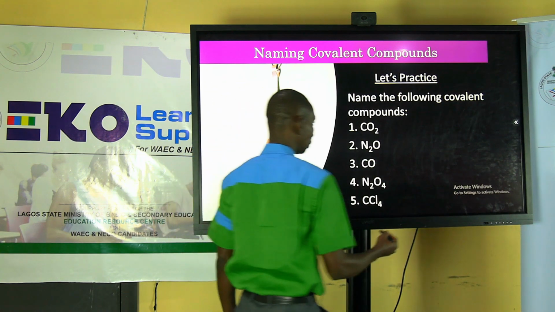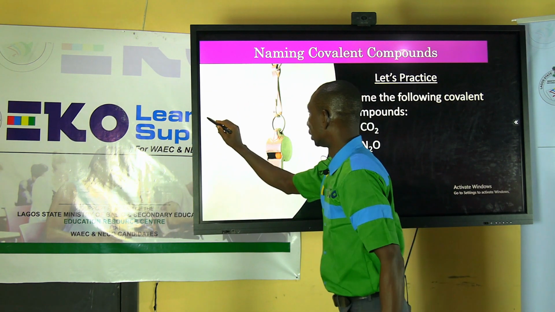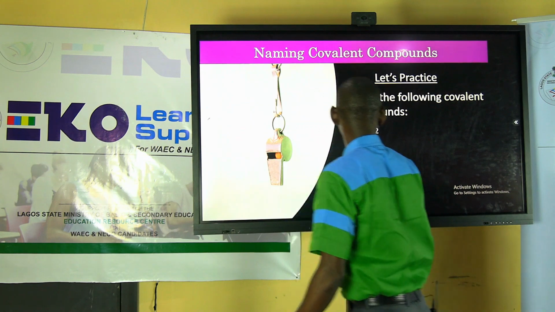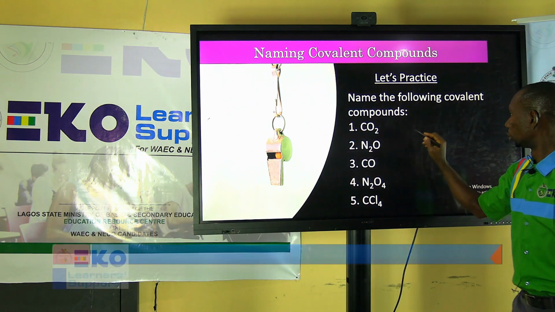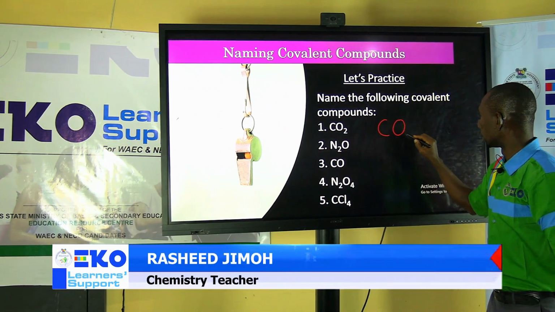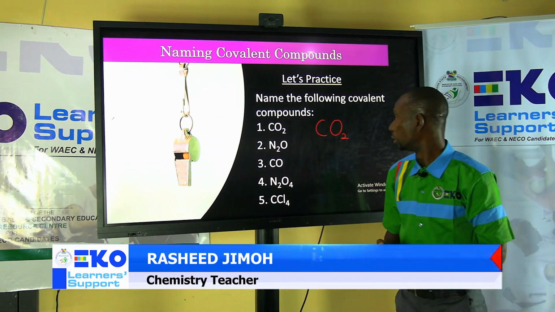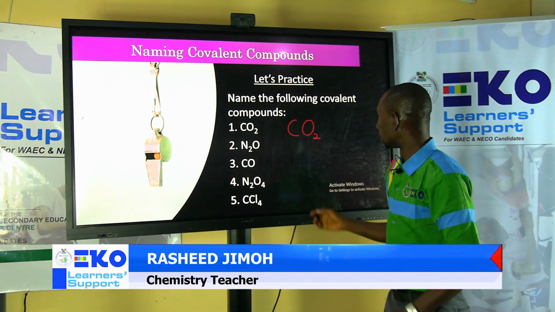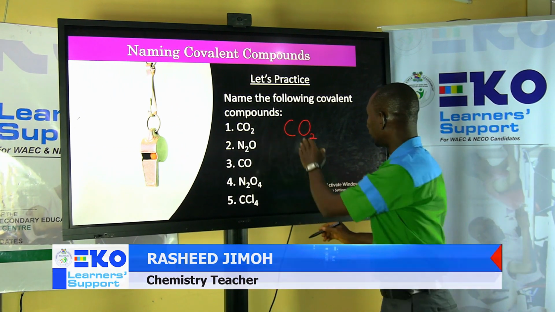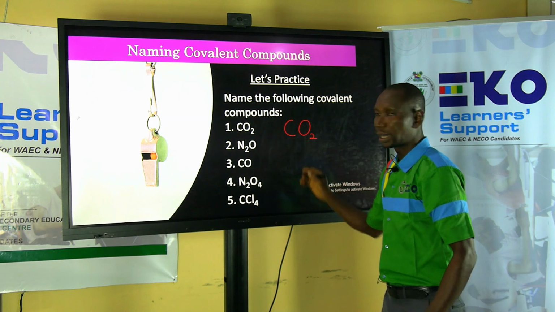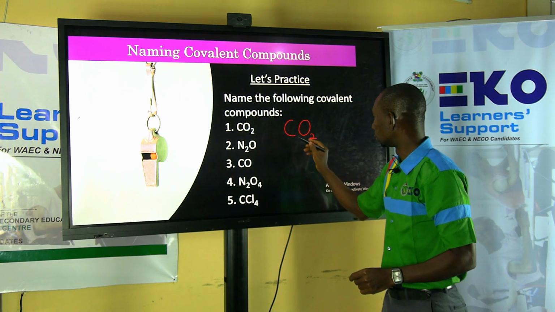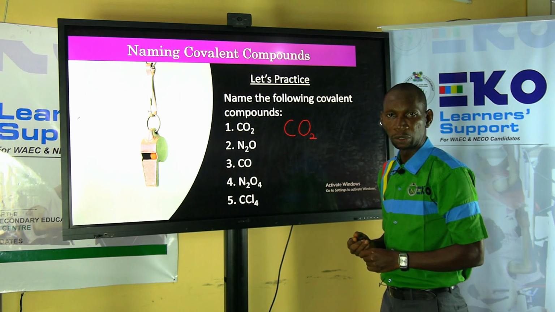Okay, let's go now. CO2. That is the compound that we want to name. All right? Now, the first element we are going to name is carbon. The C there stands for carbon.